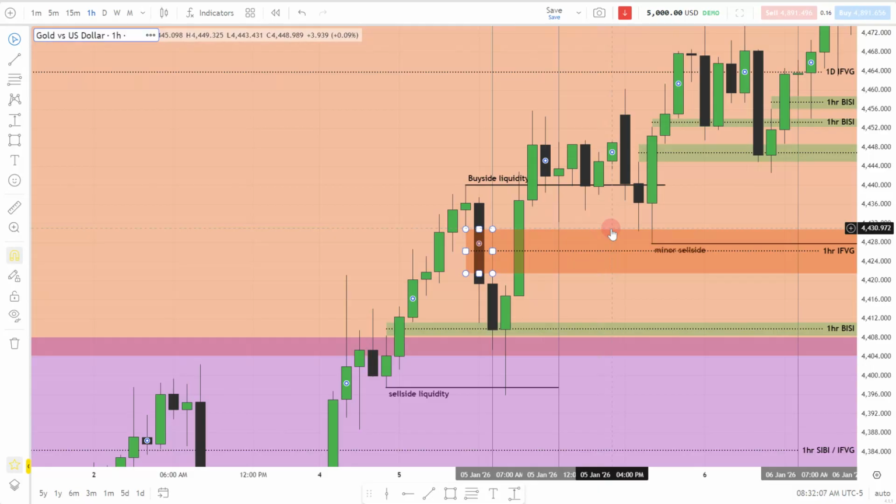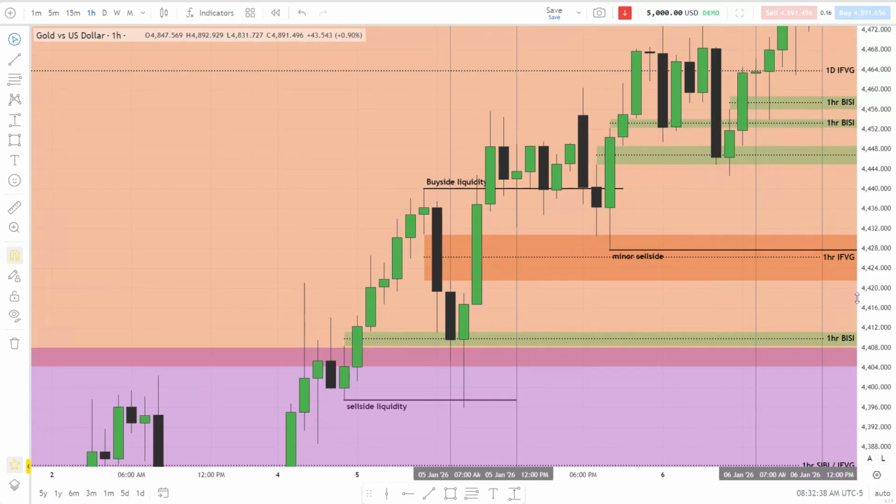We're going to go through the 1 hour first, so that it's gonna be fast, and we're not gonna have to keep switching to lower time frames. So first I'm going to explain how price is printing using the 1 hour time frame through that range of dates that I gave you.